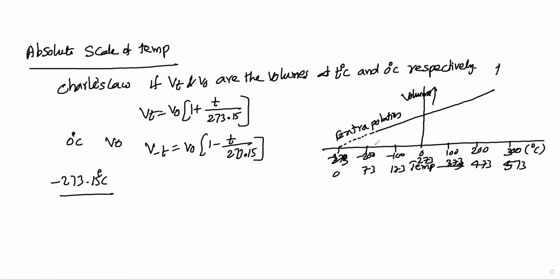Every gas has its own volume. Moreover, according to kinetic theory of gases, all molecular motion stops at minus 273.15.